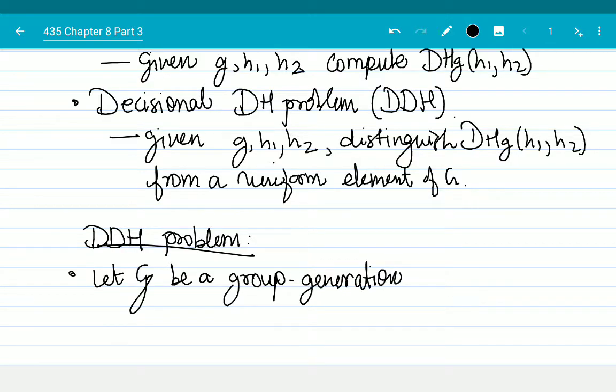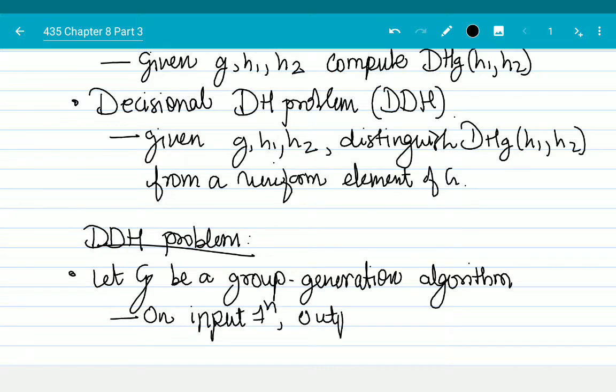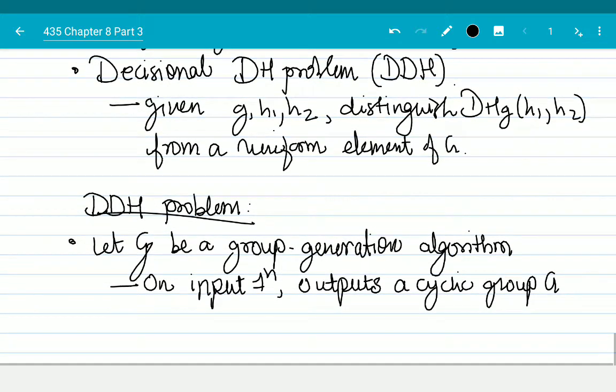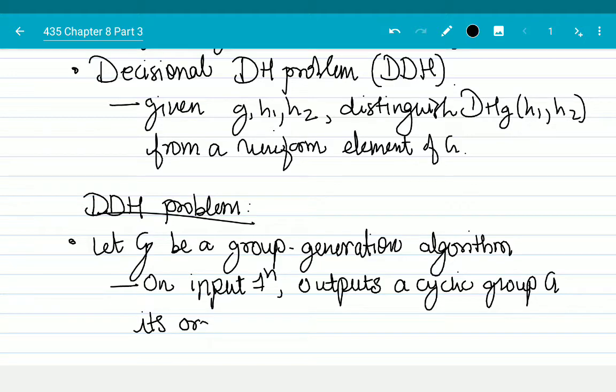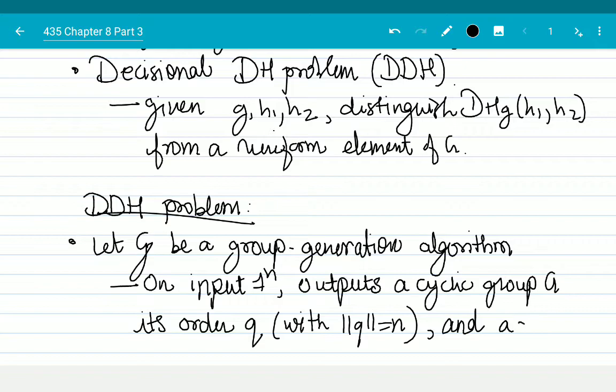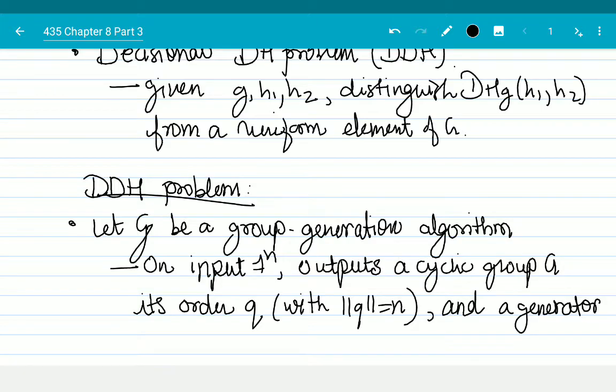On input 1 to the n, it outputs a cyclic group G, its order q with size of q equals n, and a generator g.